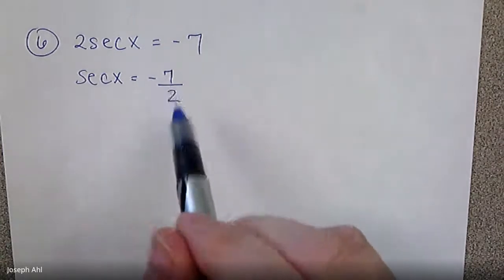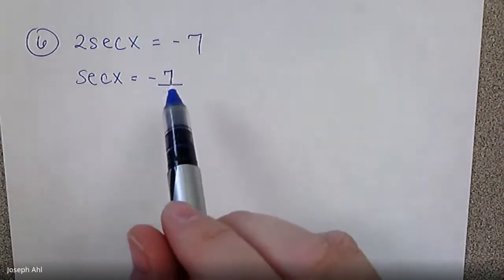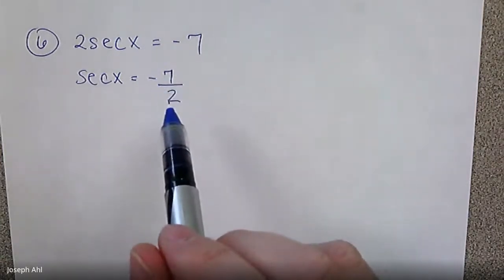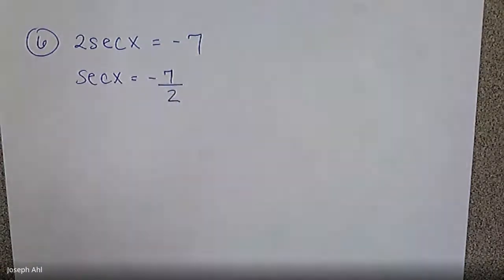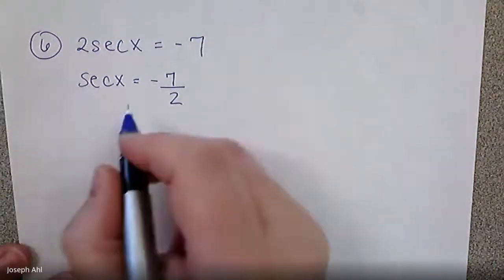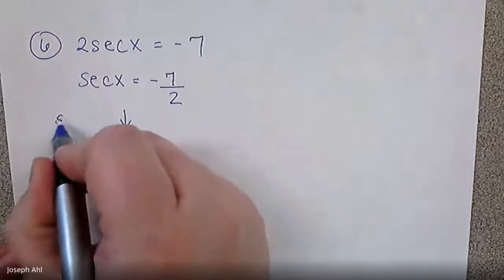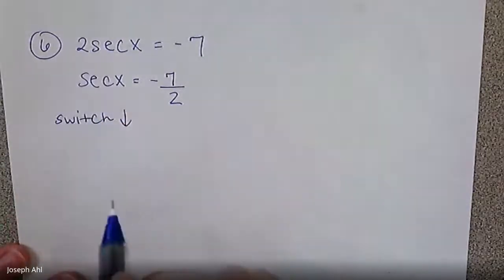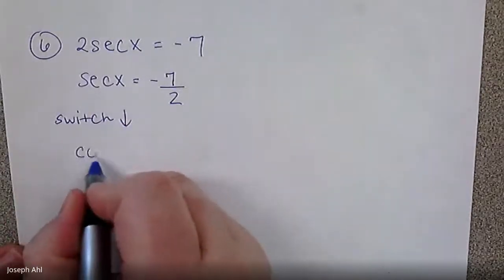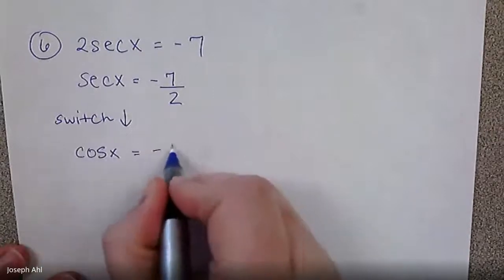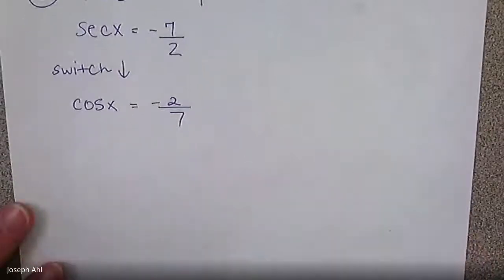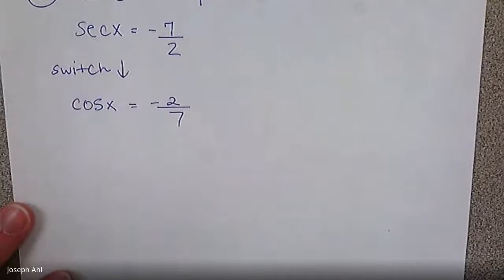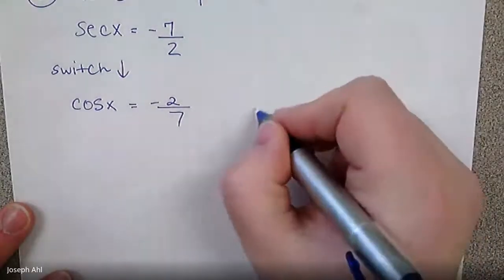I don't typically have sides in a special triangle with an opposite of 7 or the adjacent and hypotenuse being 2 and 7. So what you're going to do is switch it to what it's the reciprocal of. This is the reciprocal of cosine x. So what I now know is that cosine equals -2/7. That's going to be a little bit easier for me to work with.